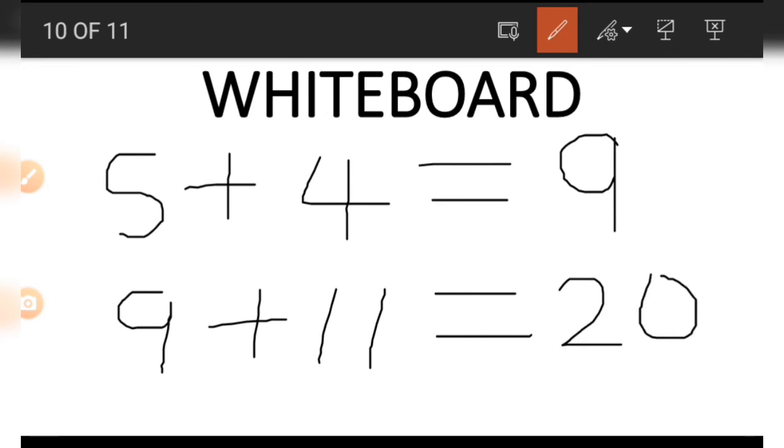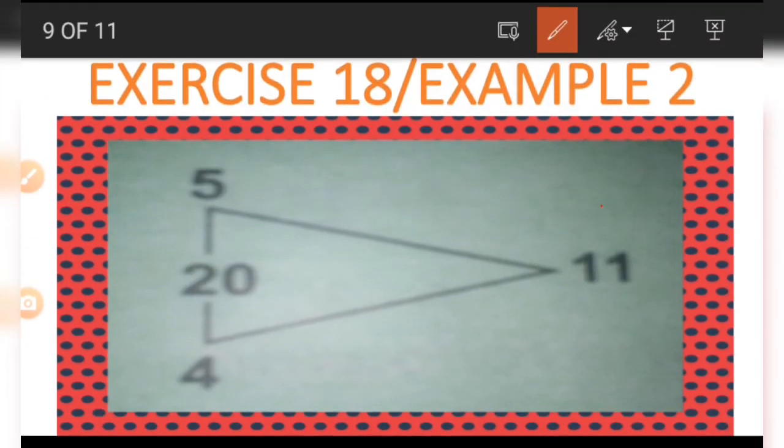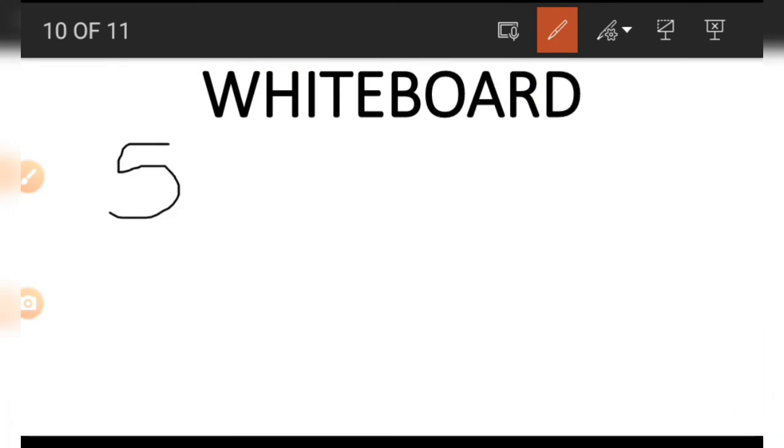It's quite easy, alright? Now let's go back and try to get other numbers. We are going to follow the same procedure, but let's start with the 11. Now on the board, we are going to start with the 5 and the 4. So we have 5 plus 4.